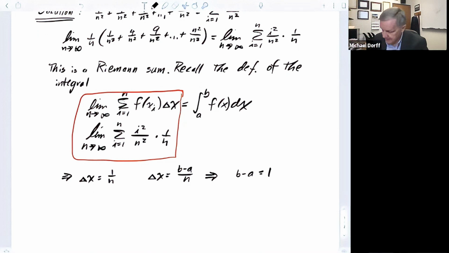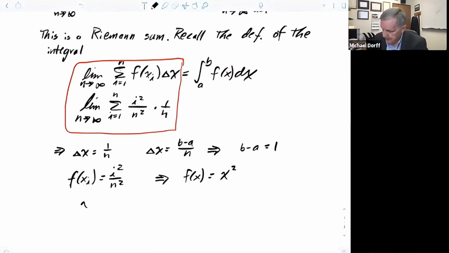Next, I've got that f of x sub i equals i squared over n squared, so this suggests that f of x is x squared. And then I remember that x sub i is a plus i delta x, which in this case is a plus i over n.